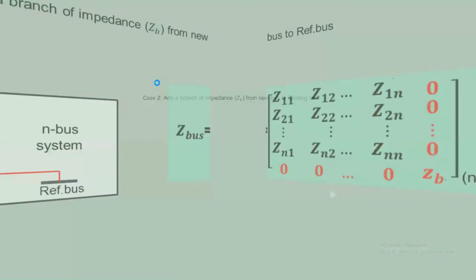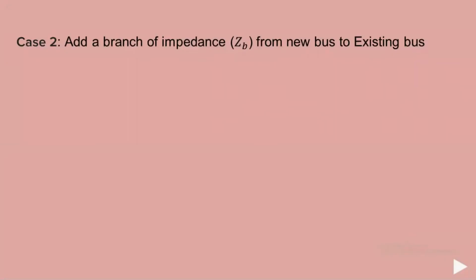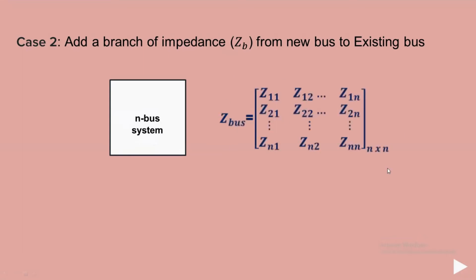Now let's see case number 2. Add a branch of impedance ZB from a new bus to an existing bus. Now let's consider an n bus system. This is the matrix of this n bus system.